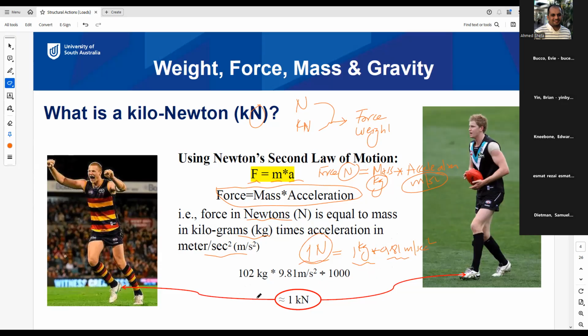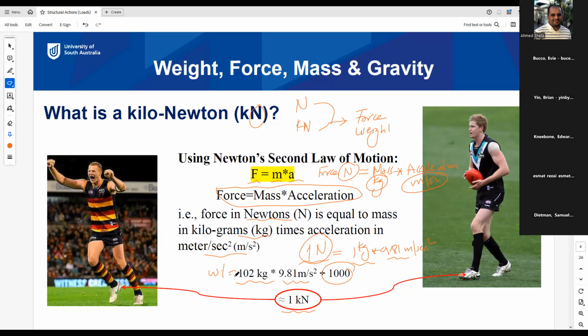To find an example of 1 kilonewton, if we have a footy player whose mass is 102 kilogram, his weight will be 102 kilogram times the gravity acceleration, 9.81 meter per second square, and divide by 1,000 to get it in kilonewton. This will be approximately 1 kilonewton.